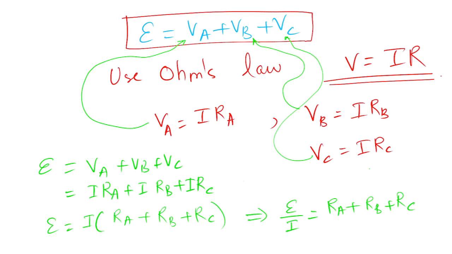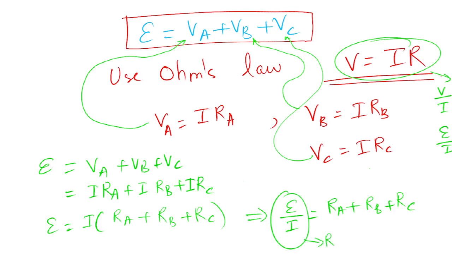If you know Ohm's law, V is equal to IR, so V by I is equal to R. Sorry, I'm writing epsilon here, but I have to write I. So V by I is equal to R. Similarly, epsilon by I is equal to R. So in place of this, I can write R is equal to RA plus RB plus RC.